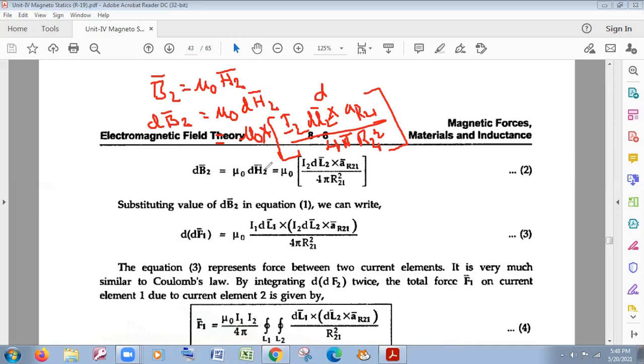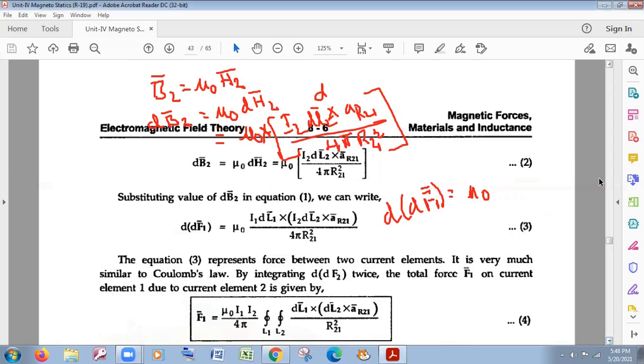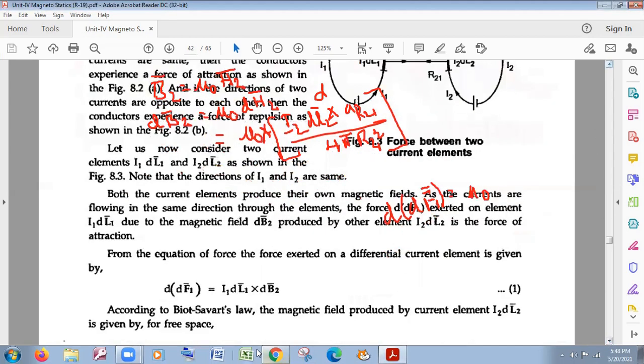Now the dB2 bar you can substitute in dF1 bar, which is equal to mu naught into dB2 bar, I1 dL1 bar cross. You see this? What is the expression here?